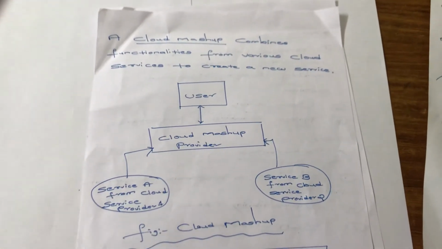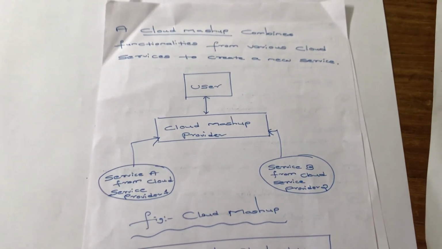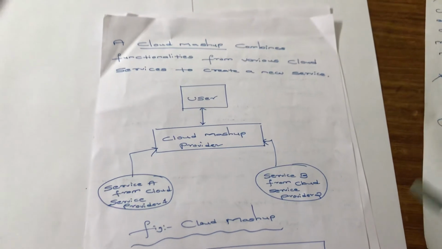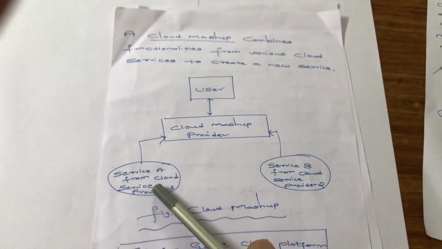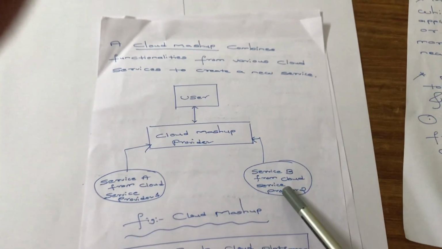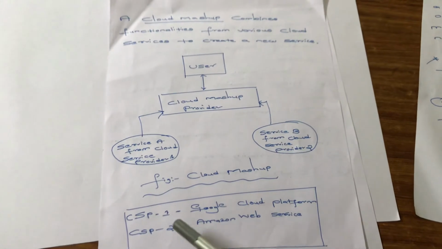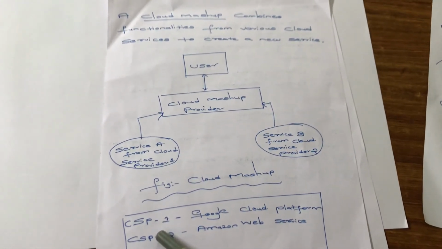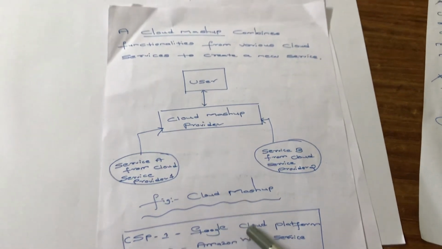So we can see here in the diagram, a cloud mashup provider and two different services over here. We have service A from cloud service provider 1 and service B from cloud service provider 2. For example, we'll take cloud service provider 1 as Google Cloud Platform and cloud service provider 2 as Amazon Web Services.